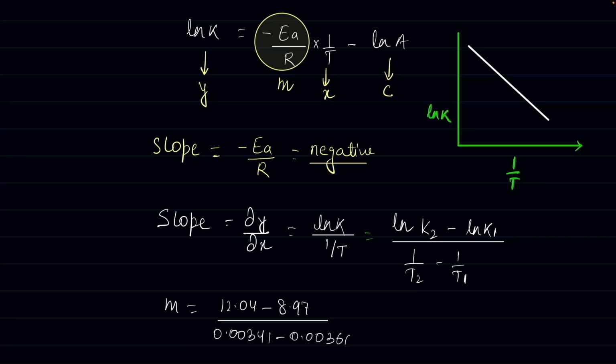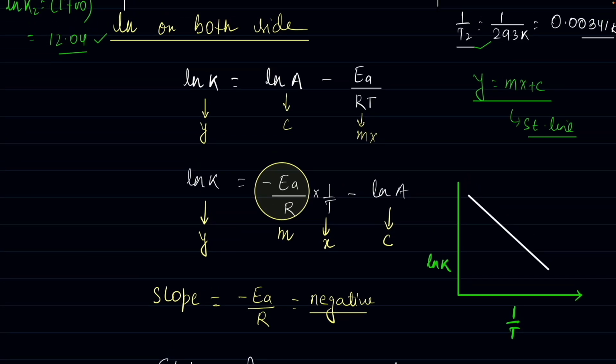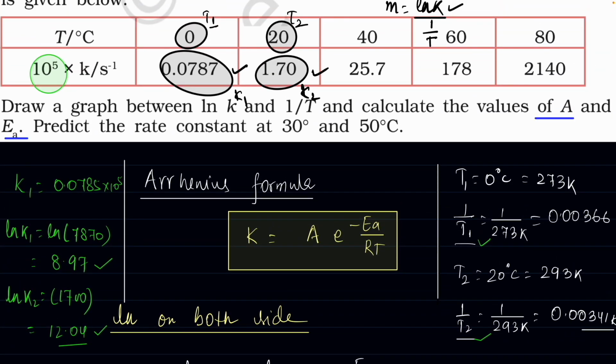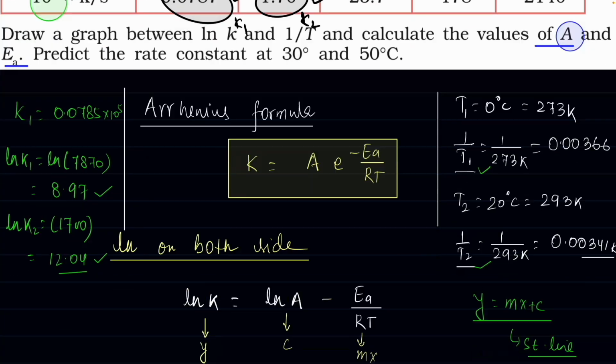Here we can write 1 and 6 extra. Now if we further solve it, it will come around minus 12298.8. So we got the slope value, and in the question we have to find the value of A and the value of Ea. So let's solve it based on this information.